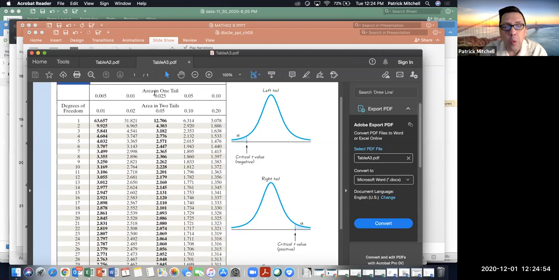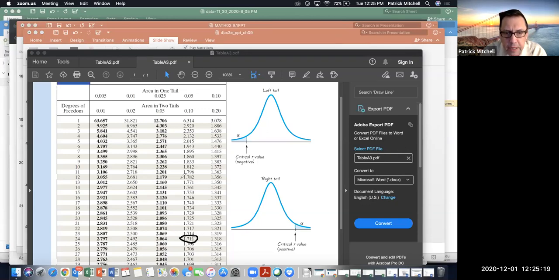Since this is a one-tail test and alpha equals 0.05, we're going to use this fourth column here, going down to the row where the degrees of freedom is 24. I see a value there of, let me circle it for you, 1.711.